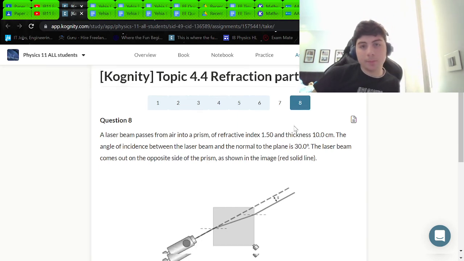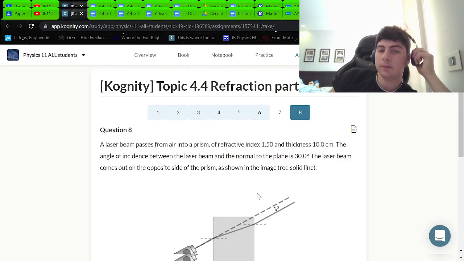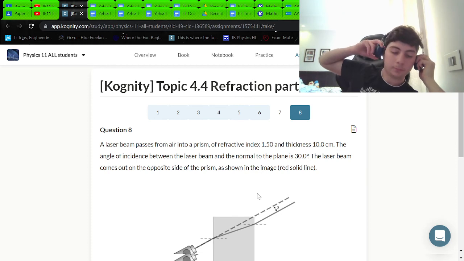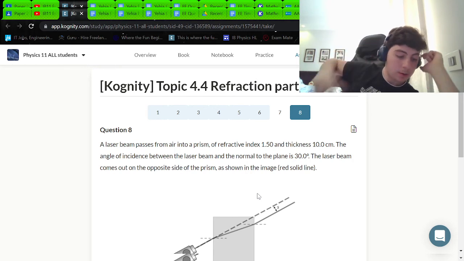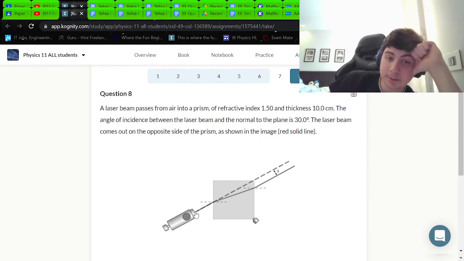Angle of incidence between the laser beam. Okay. So we got the refractive index for both of them, and whatever I do, I need the lambda. Distance from screen, I'm guessing, is the distance between here and here, right?